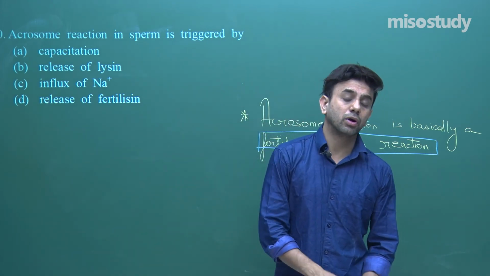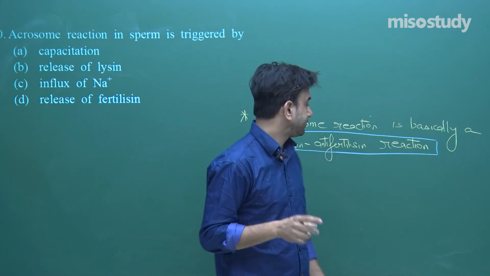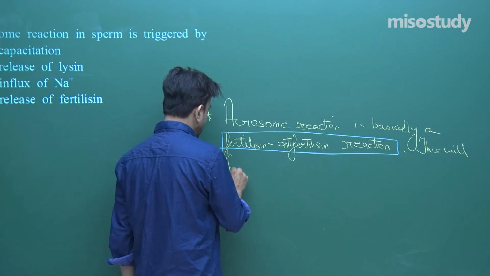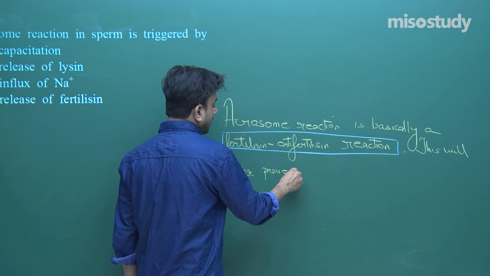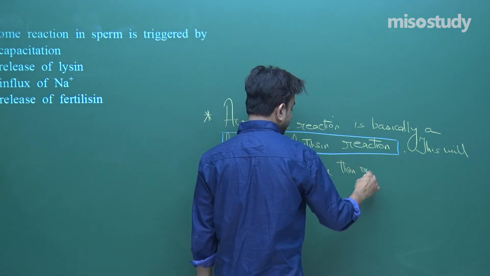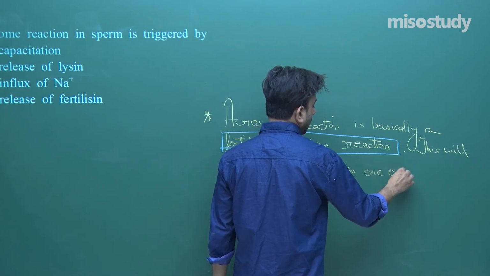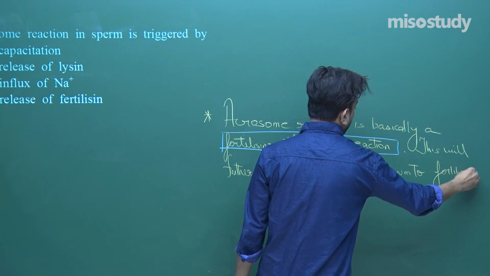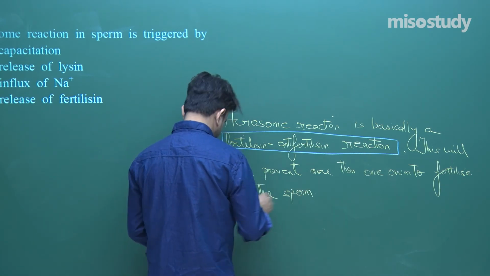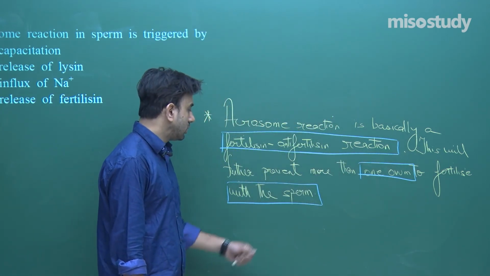The acrosome reaction will further prevent more than one ovum from fertilizing with the sperm.